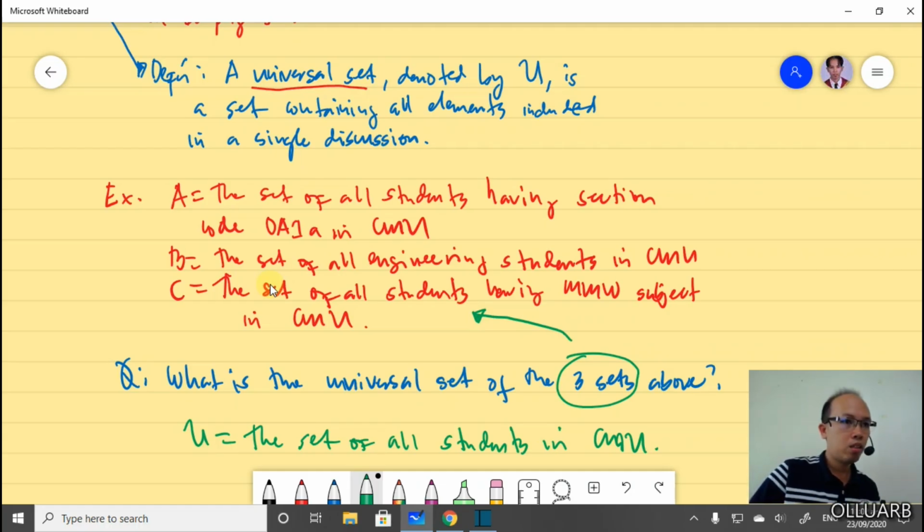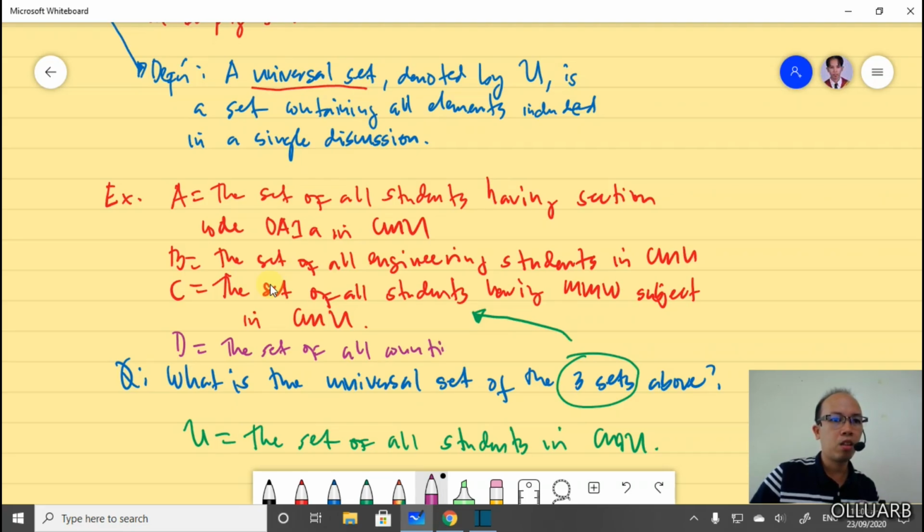But if you add a set, let's have a color magenta or purple, you add the set of all, let's say, counting numbers.